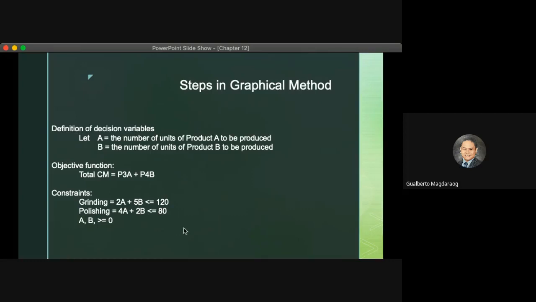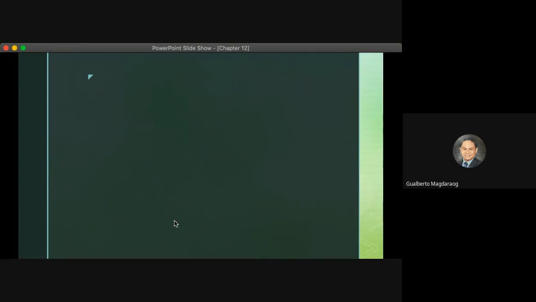Now, the shadow price is a concept that if we add 1 hour for grinding or 1 hour for polishing, how much will be the added contribution margin for the added hour? Magkano daw yung dagdag sa contribution margin natin if we will add 1 more hour for the grinding or the polishing?